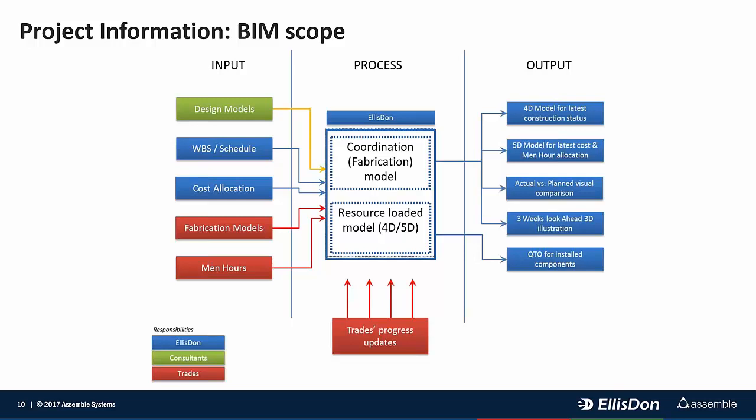We are creating a 5D model, basically a resource-loaded model with all the actual information coming from site and earned value status. Actual versus planned visual comparison, 3 weeks look ahead, and we can do look ahead on the model as well. And quantity takeoff for installed components.